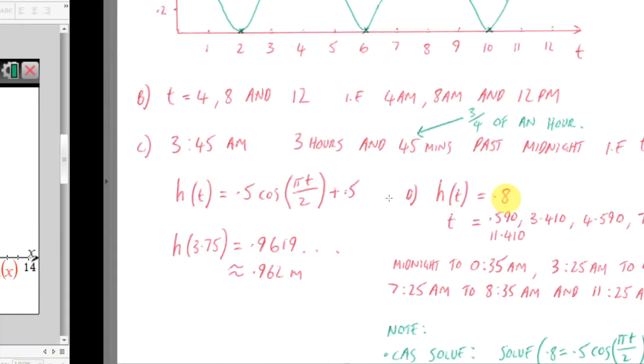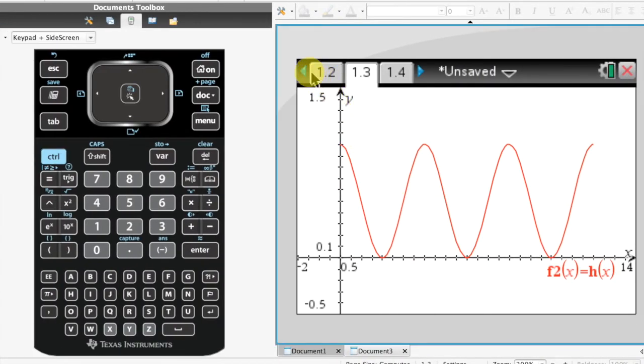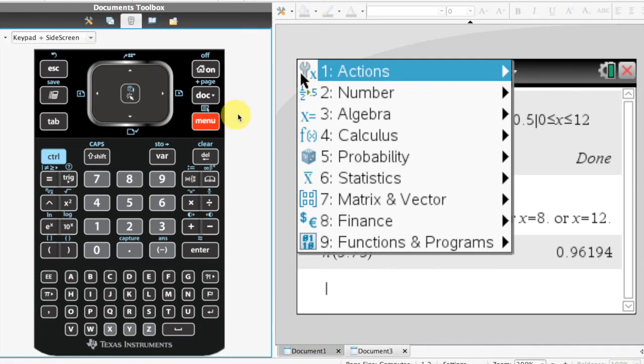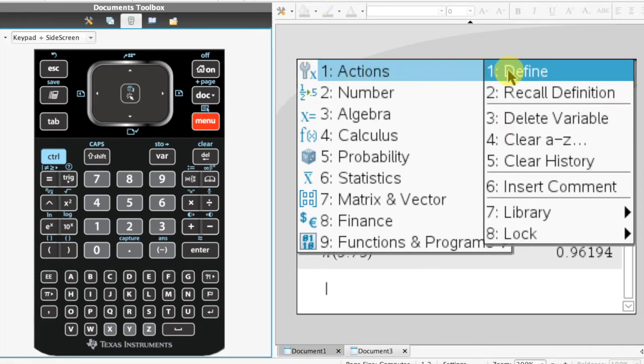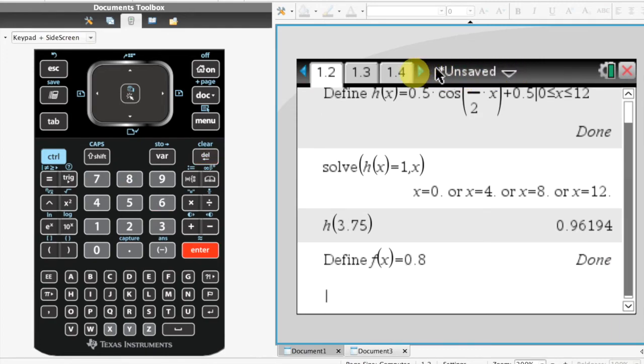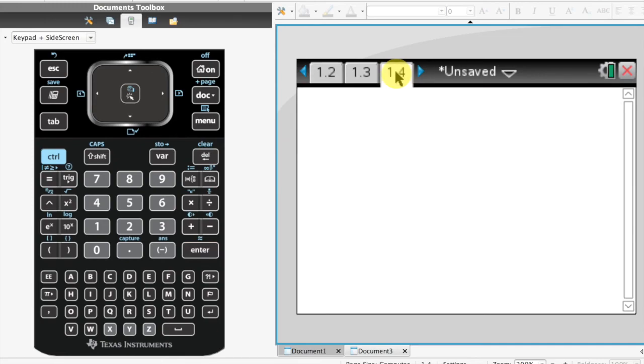So what I'm going to do now is define another function, and I'm going to call it f of x. So menu, actions, define, f of x. I'm going to make that equal to 0.8. Hit enter.